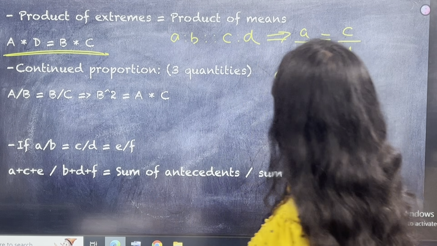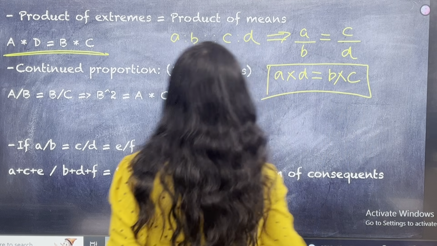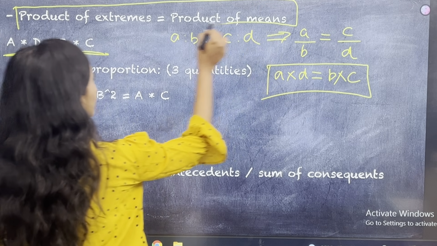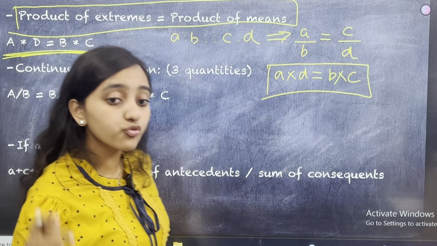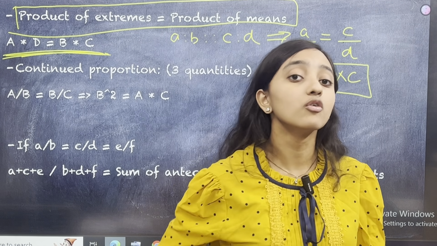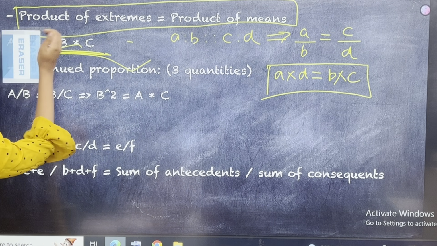So this particular formula, A into D is equal to B into C, you can also remember as product of extremes is equal to product of means. A into D is equal to B into C is extremely important when you are talking about proportion of four terms. Have you understood this? Have you noted it down?